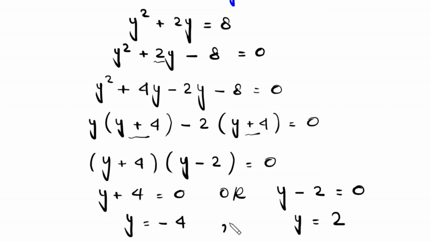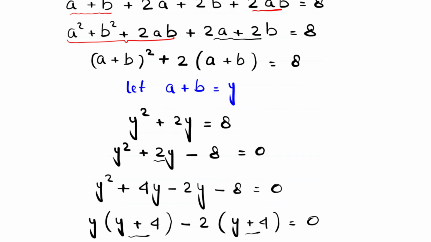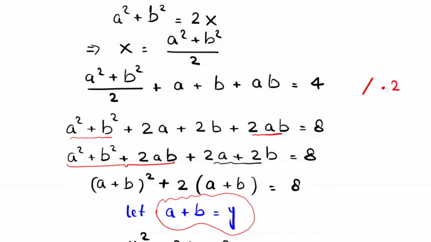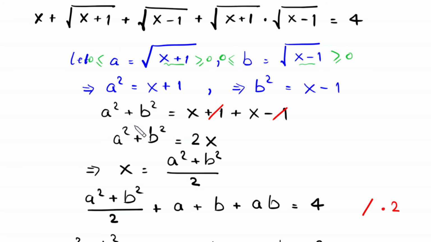Now recall that we have supposed that a plus b equal to y, and we have proved earlier that a is greater than or equal to 0 and b is also greater than or equal to 0.